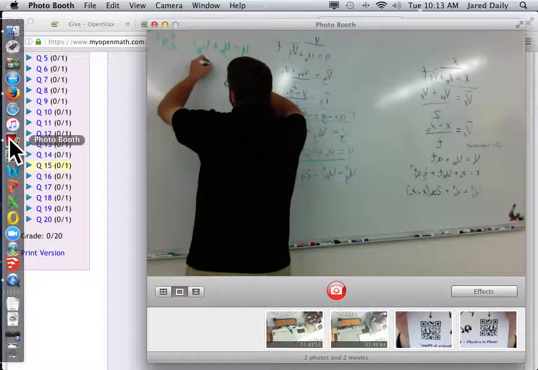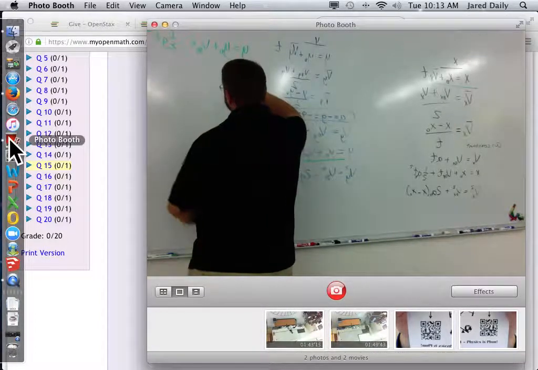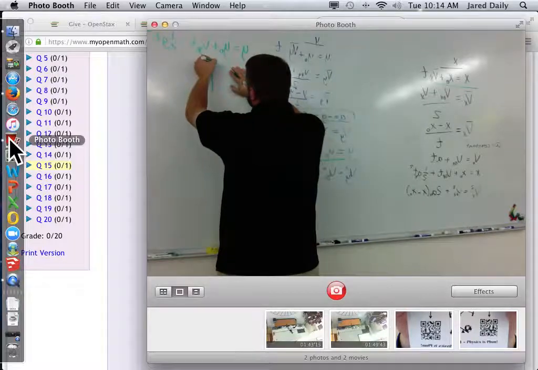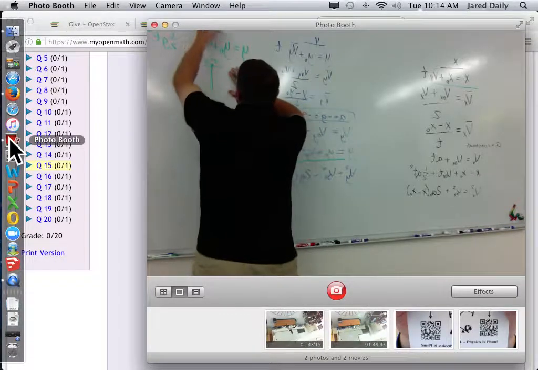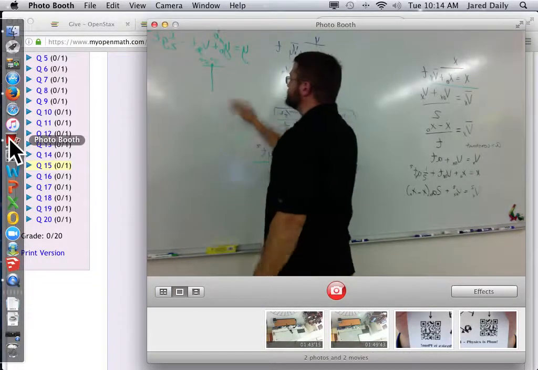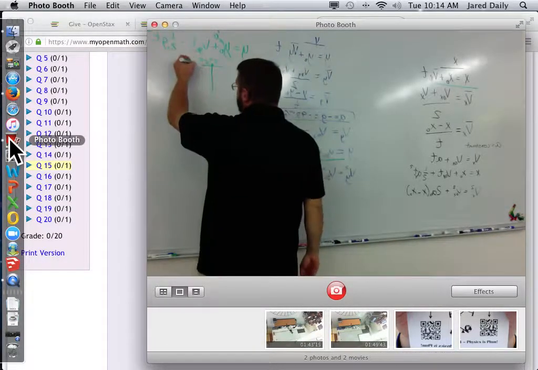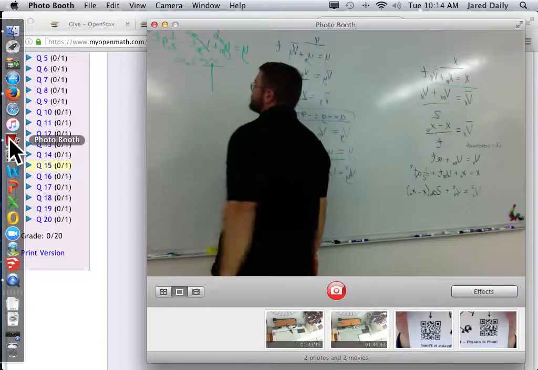We're going to say that our initial position on the edge of the table is going to be our 0 position. Here's our table. We're going to call this x equals 0, y equals 0. X initially equals 0, y initially equals 0. So that means this goes to 0 and this goes to 0, right? Also, our initial velocity in the y direction is equal to 0, so this goes to 0, right?